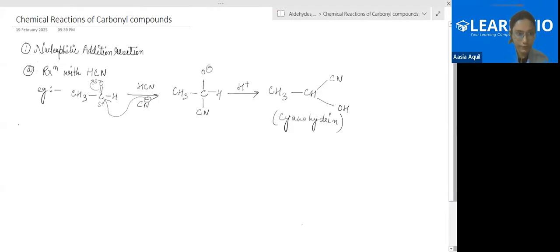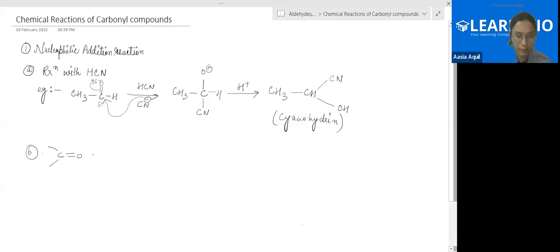Next we will see the nucleophilic addition reaction in the presence of sodium hydrogen sulfite. Let's take a CO, this is an aldehyde. If you add hydrogen here, it becomes an aldehyde, and if there are two alkyl groups, then it is a ketone.